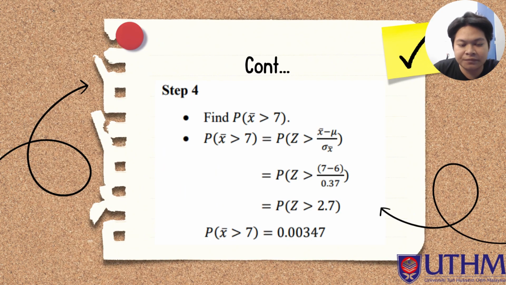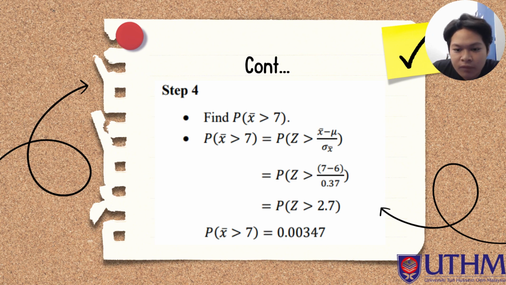For the next step, step 4 is to find the probability. From the question, it asks what is the probability the average amount of defected 50 milliohm resistors is greater than 7. So P(X bar is more than 7).